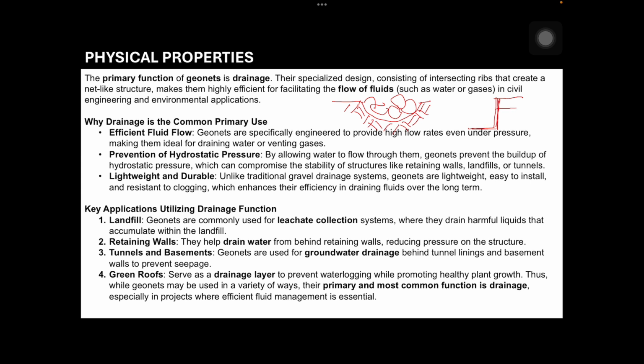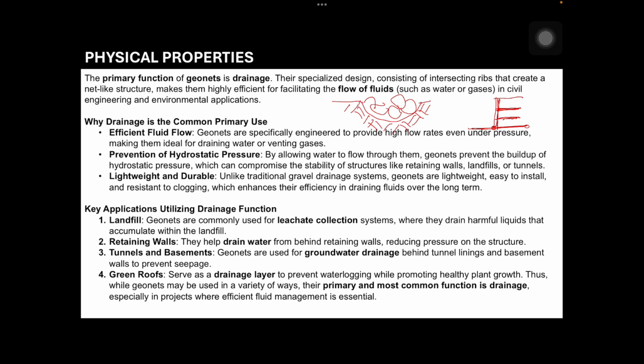Then, meron yung geosynthetics dito, geogrid or geotextile. And then, pwedeng maglagay ng geonet dito for drainage din. Or dito na lang sa pinakailalim din. And then, magkakaroon ng canal or doon or dito para sa drainage.